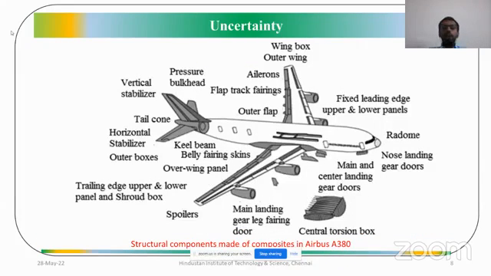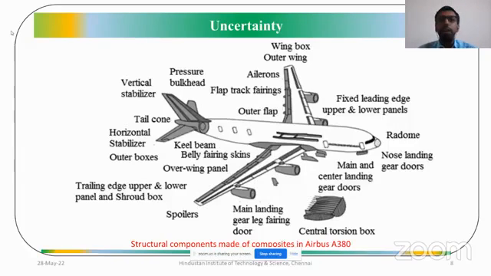One may ask how we can say that composites are being used in most structures. For example, if we consider the aeroplane Airbus A380, more than 50% of the structure is made up of composite.